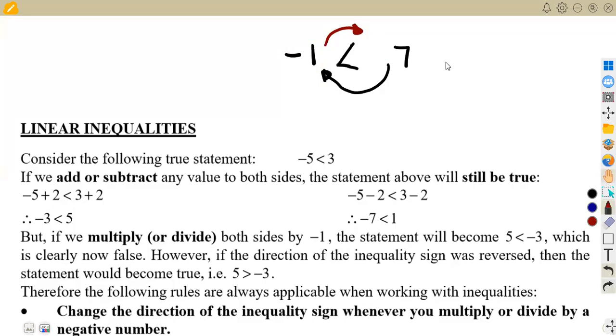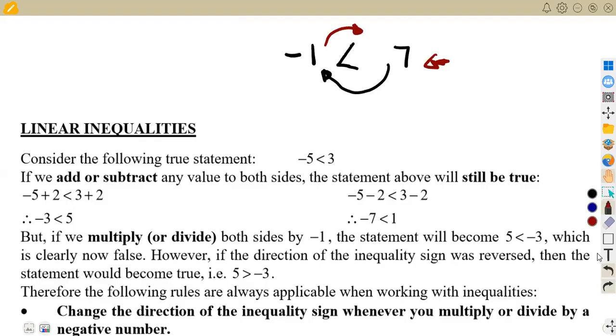But if we take it from this side, going to -1, 7 is pointing to -1, so 7 is bigger than this. Okay? So we need to understand how to operate with these inequalities.